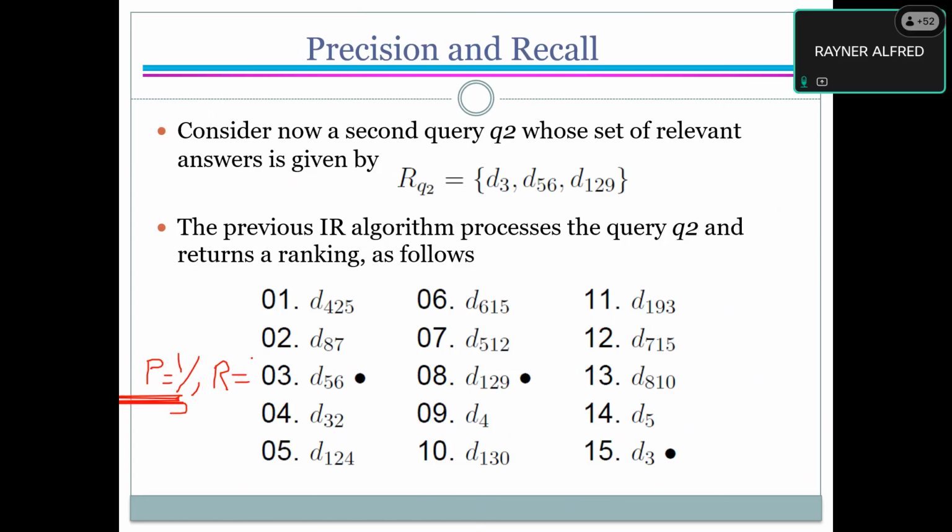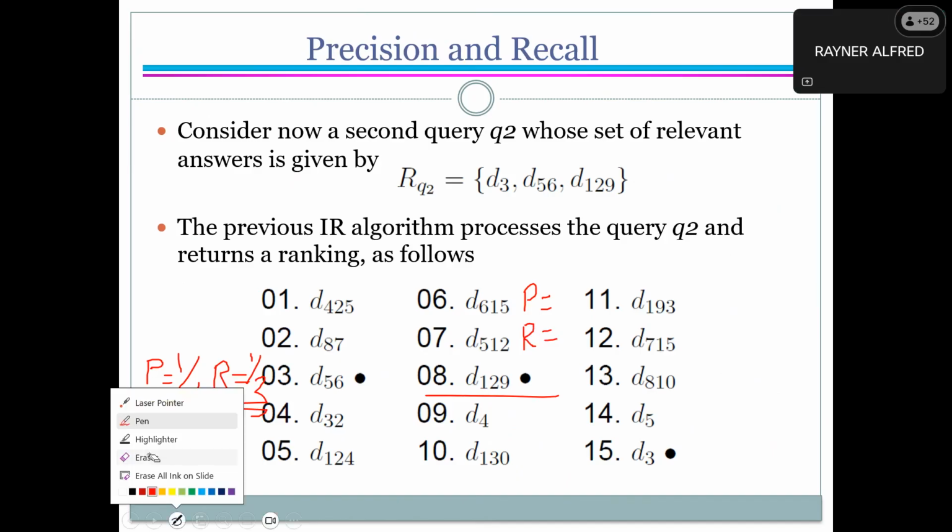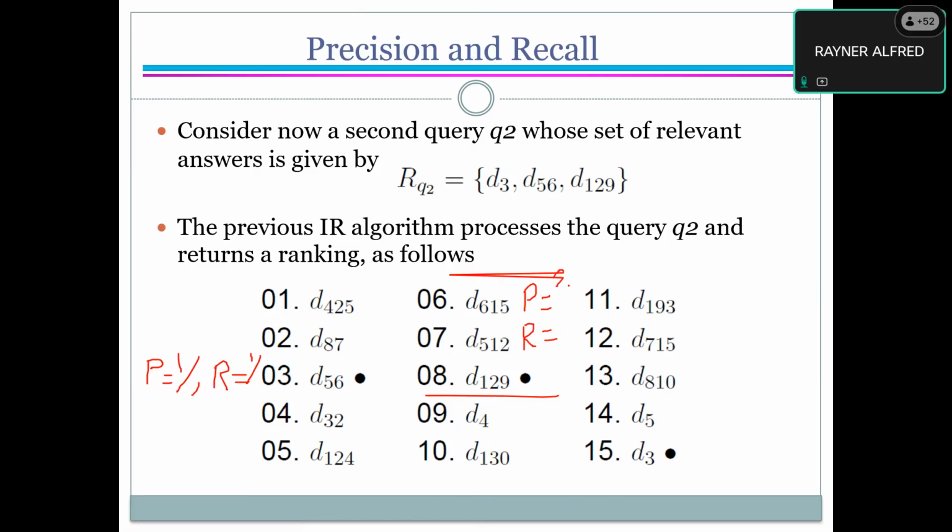So make sure the rest also know what's going on here. So at this position, what is P? What is P? And recall. Two over 8 and 1/3. Yes. So our position is 2/8, and this is 2/3.